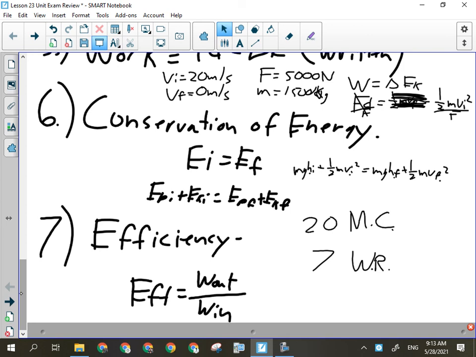Question 6 is a law of conservation of energy question. And the last question is another acceleration problem.